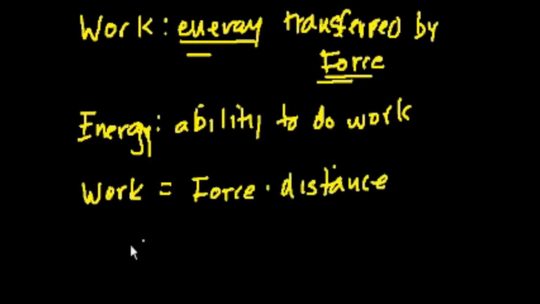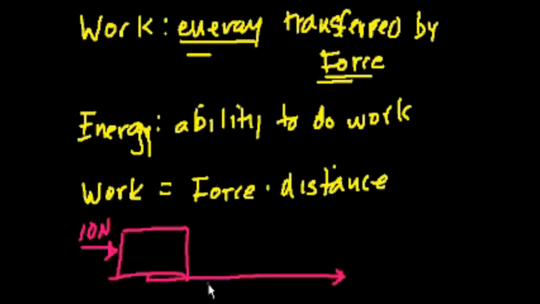So let's say that I have a block, and let me do it in a different color just because this yellow might be getting tedious. And I apply a force of, let's say, 10 newtons. And I move that block by applying a force of 10 newtons. Let's say I move it, I don't know, 7 meters.